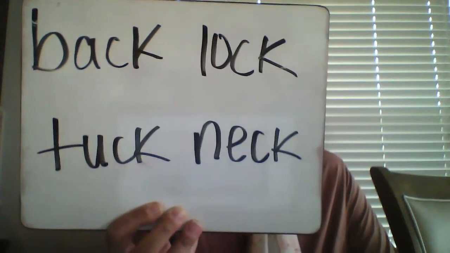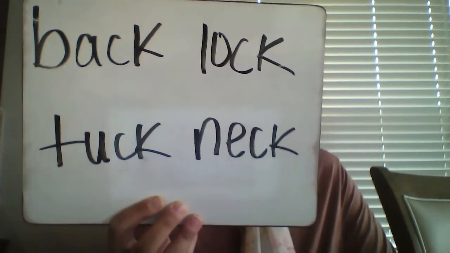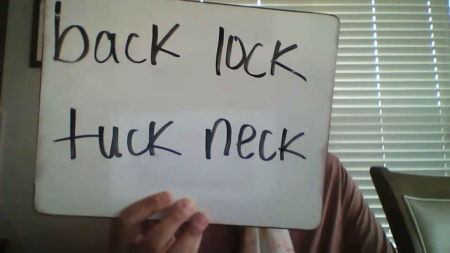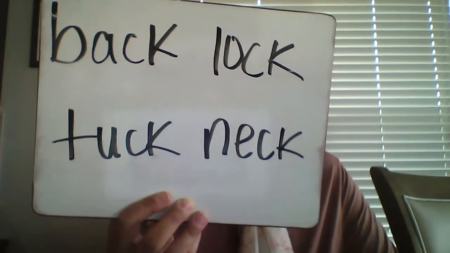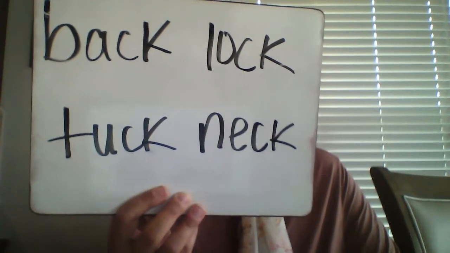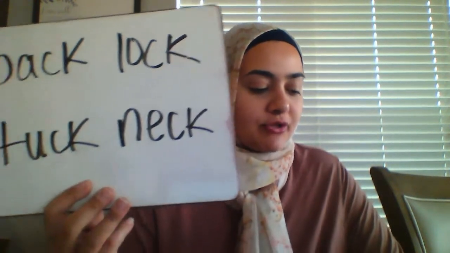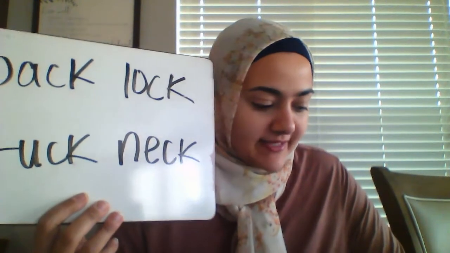Does anyone know what C and K is called? It's called a digraph. Very good. CK is a digraph. A digraph is 2 letters that come together to make one sound. Kind of like that Go Noodle video we watched on Friday. Remember the blends and the digraphs? Those are 2 letters that come together to make one sound.